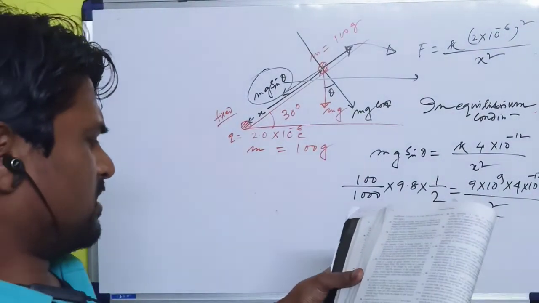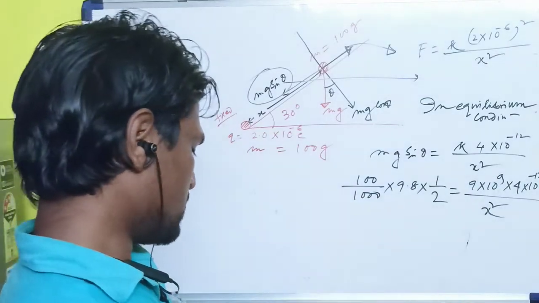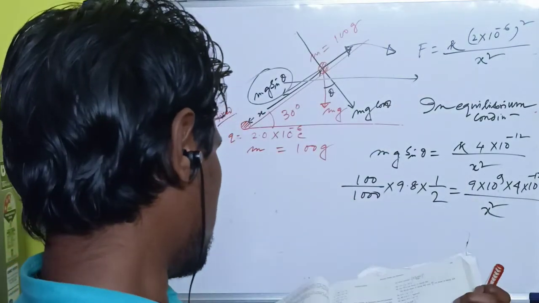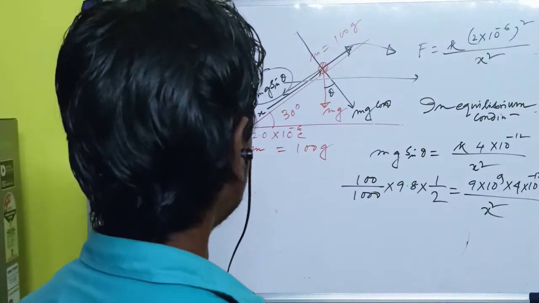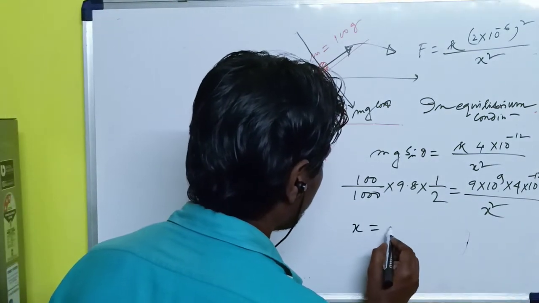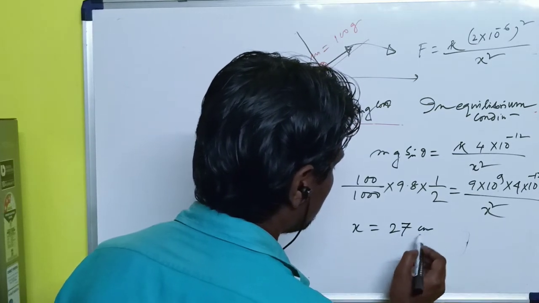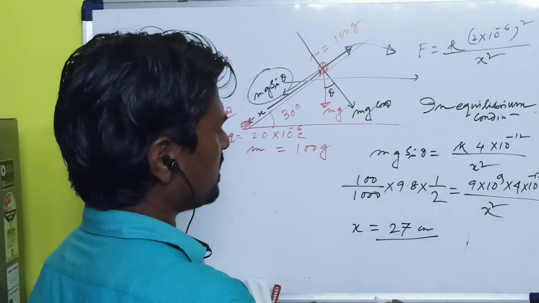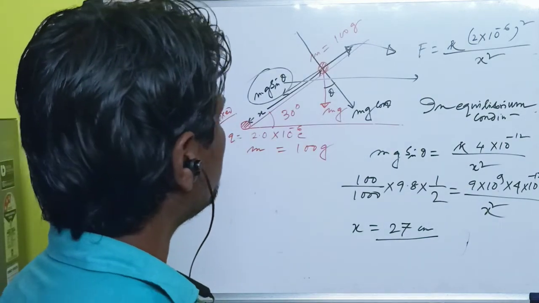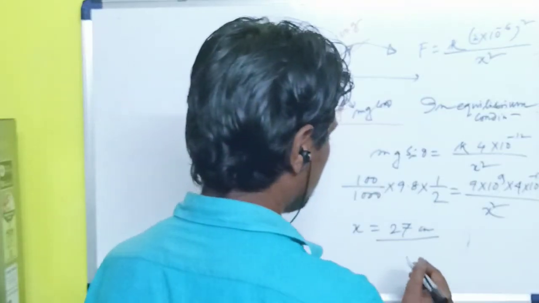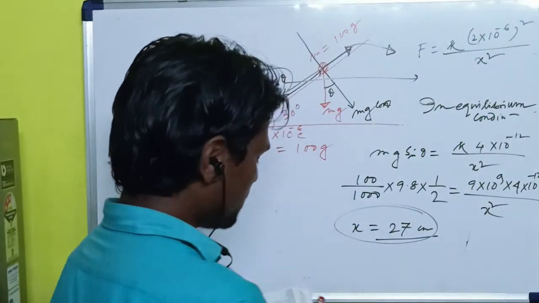Simple. And the answer is 27 centimeter from the bottom. So x equals 27 centimeter. It is particularly in SI system meter, then multiply with 100. So this is the answer.